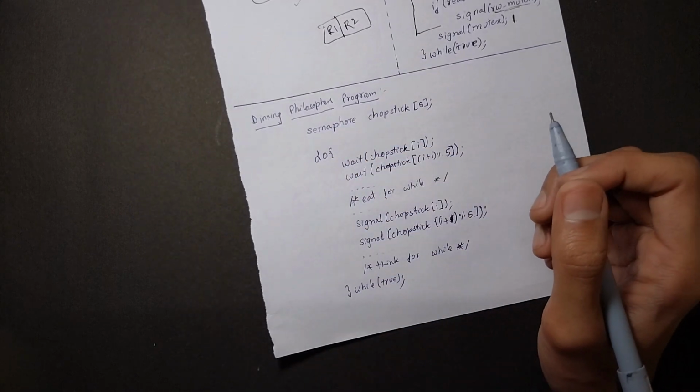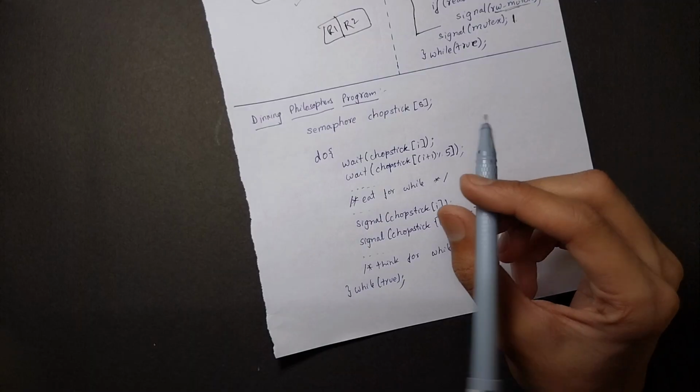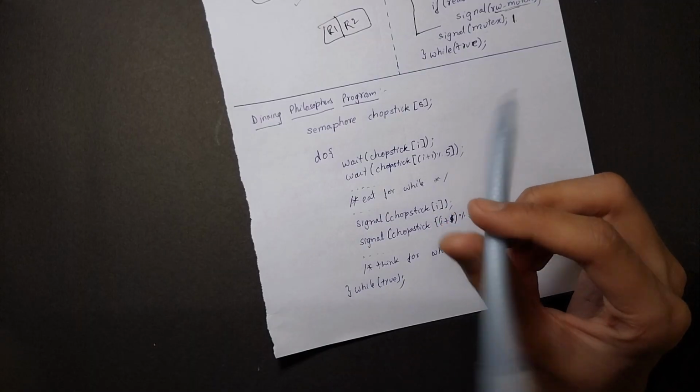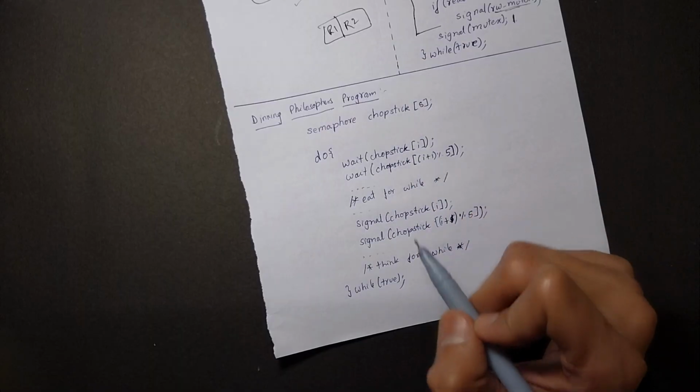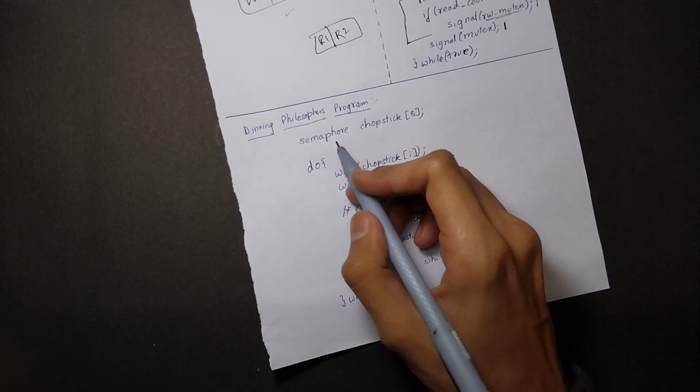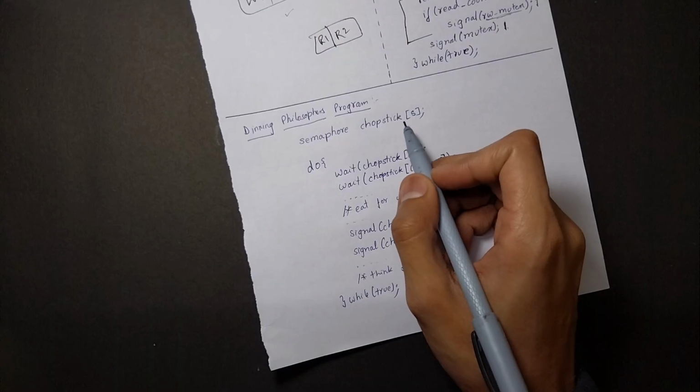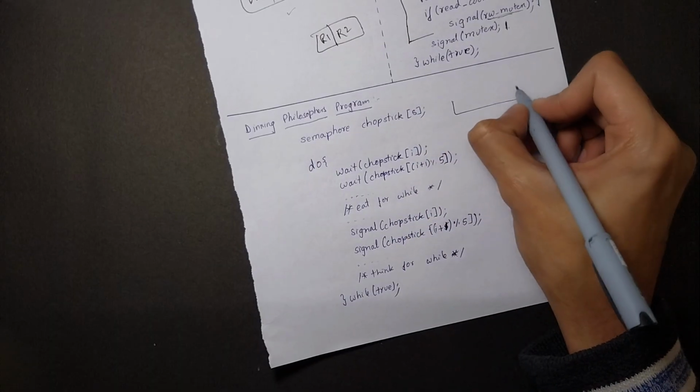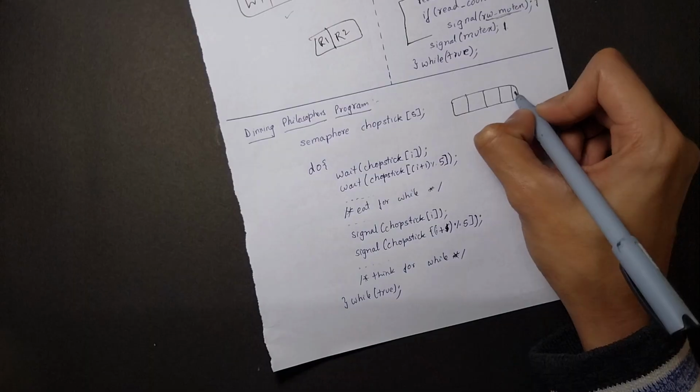So now the interesting question is the next one, the dining philosopher program. So what it does, so here semaphore chopsticks of 5. Chopstick is a kind of array, so currently I have assigned it 5 just for example.